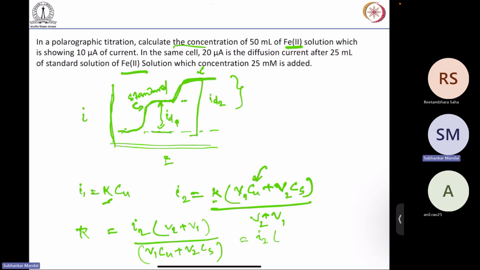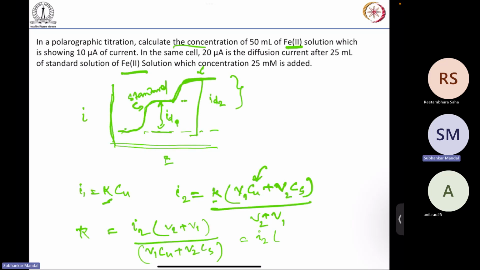You know the K value, so I1 by Cu. I can write this on the next slide. This K is I1 by Cu, equal to I2 times V2 plus V1 divided by V1 Cu plus V2 Cs.